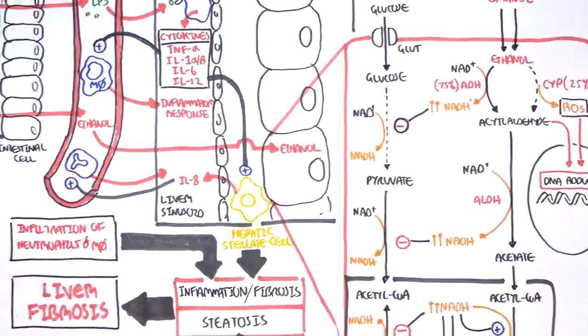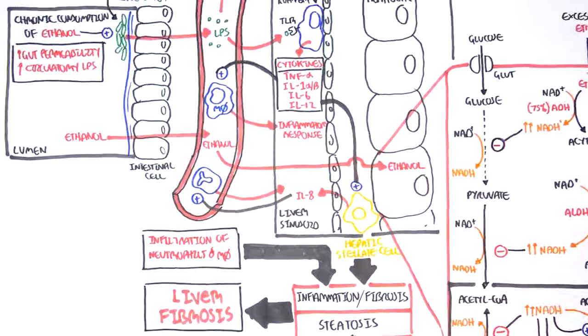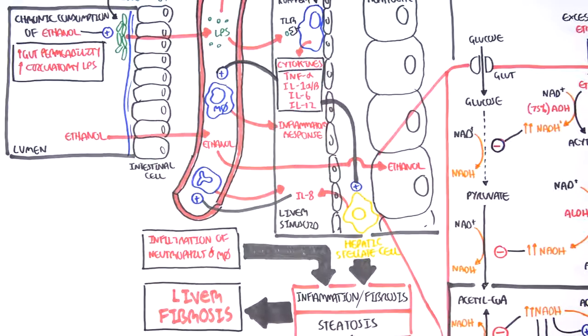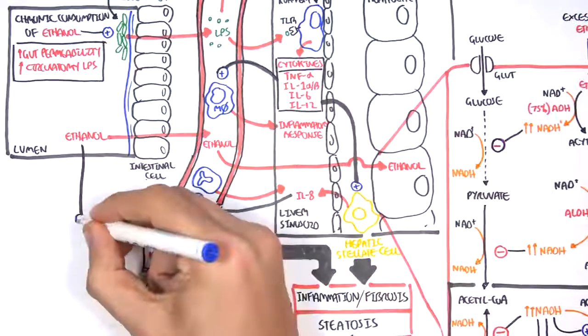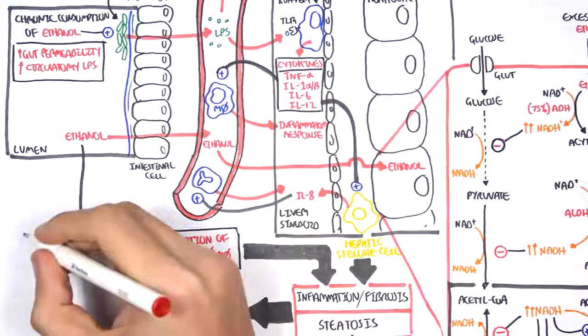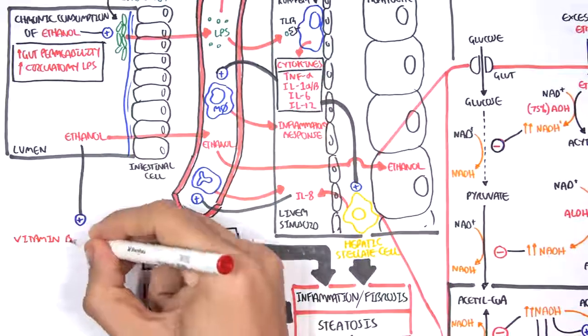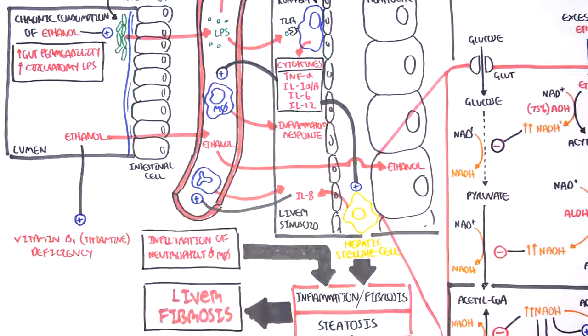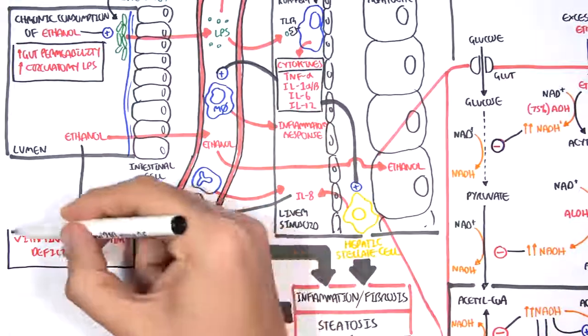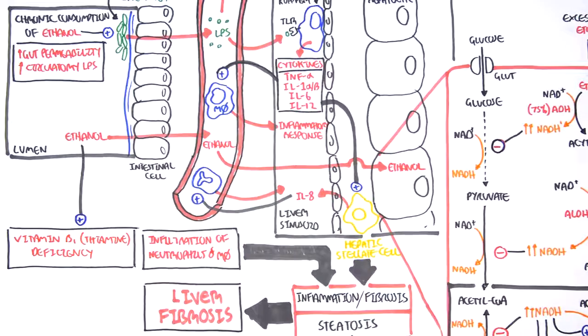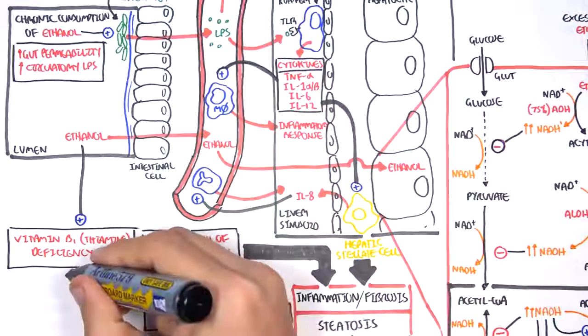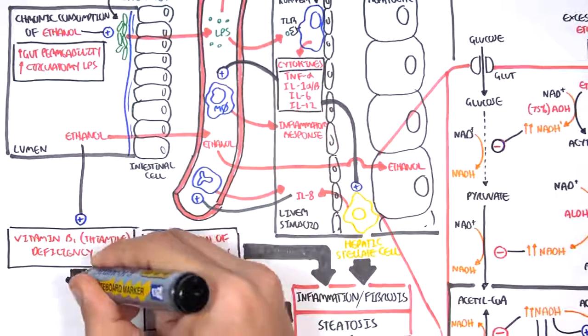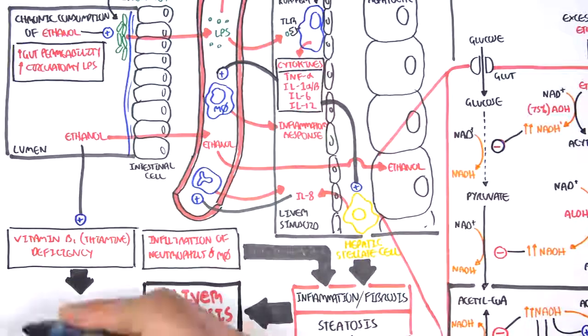Just to complete this whole diagram now, excessive ethanol intake not only affects the liver, but also affects our neurological system. So for example, excessive ethanol intake can lead to vitamin B1 deficiency. The vitamin B1 is known as thiamine. And thiamine is very important for our body, because thiamine is responsible for a lot of metabolic pathways.